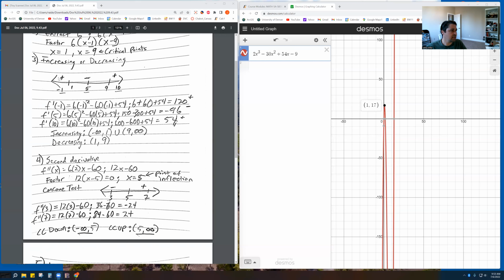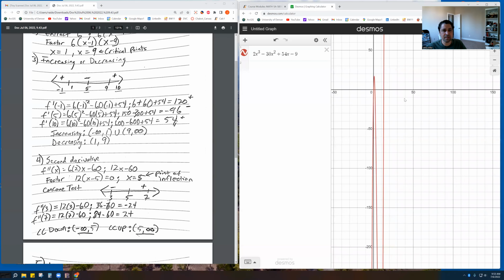That demonstrates, as we look at this graph, that the function is increasing from negative infinity to the critical point 1, and also increasing from 9 to positive infinity. There should be a decrease between x = 1 and x = 9.